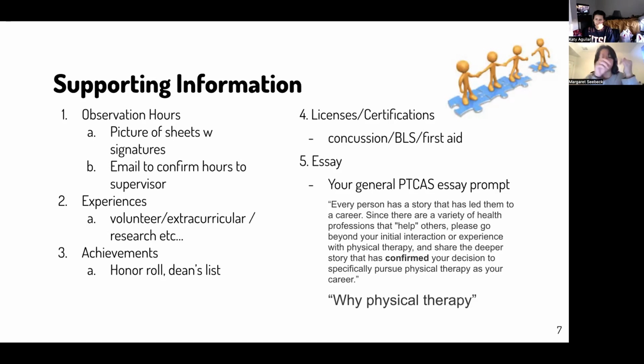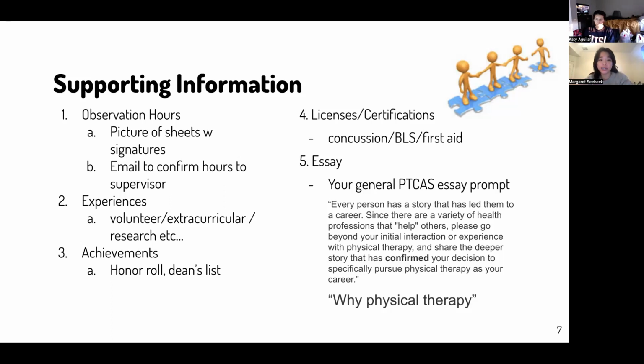Or you can provide the email of the supervisor that you observed at. So the PT clinic, you put in the email of the supervisor that was there at that clinic, and then PTCAS is going to send an email confirmation to that email and have them confirm, yes, so-and-so did 20 hours at my clinic.